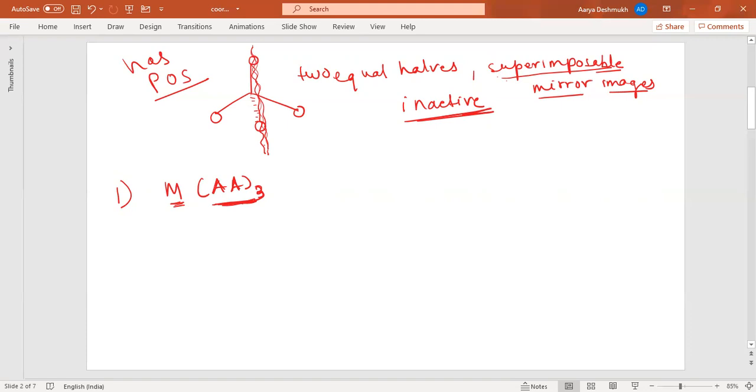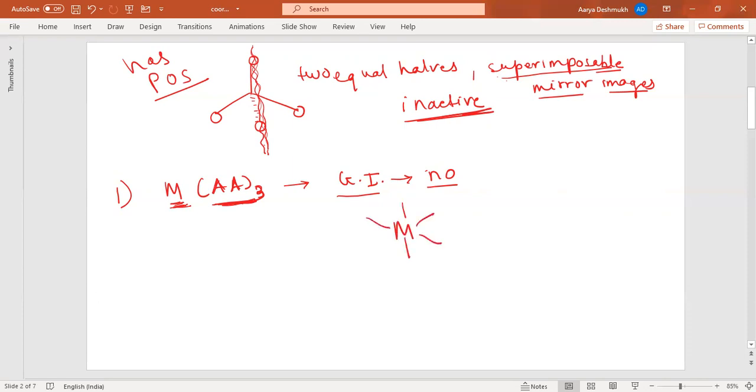If you try to find the geometrical isomerism, you will get the same combinations, so there is no geometrical isomerism for this type of complex. What about the optical activity? Whether this complex will show optical activity or not. I'll draw the structure of these three bidentate ligands here.